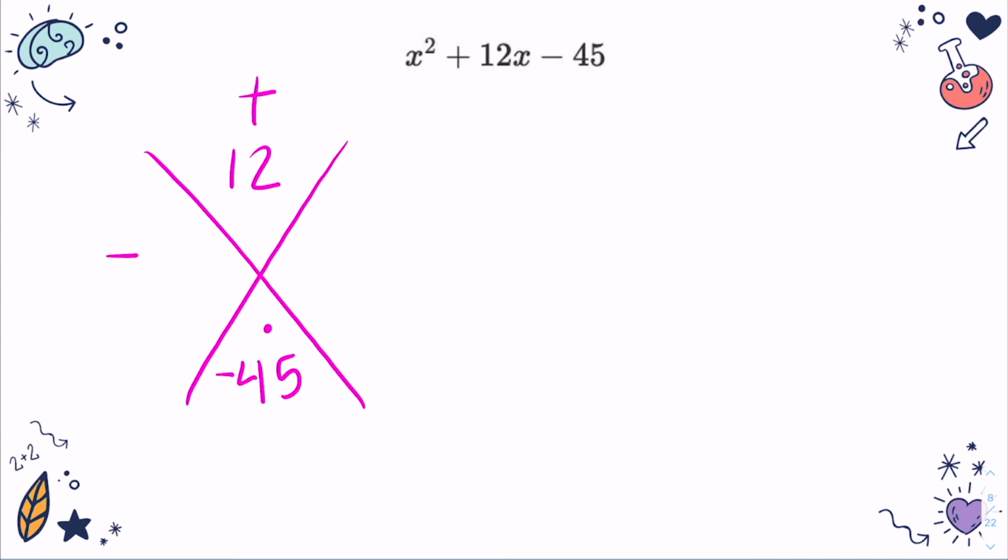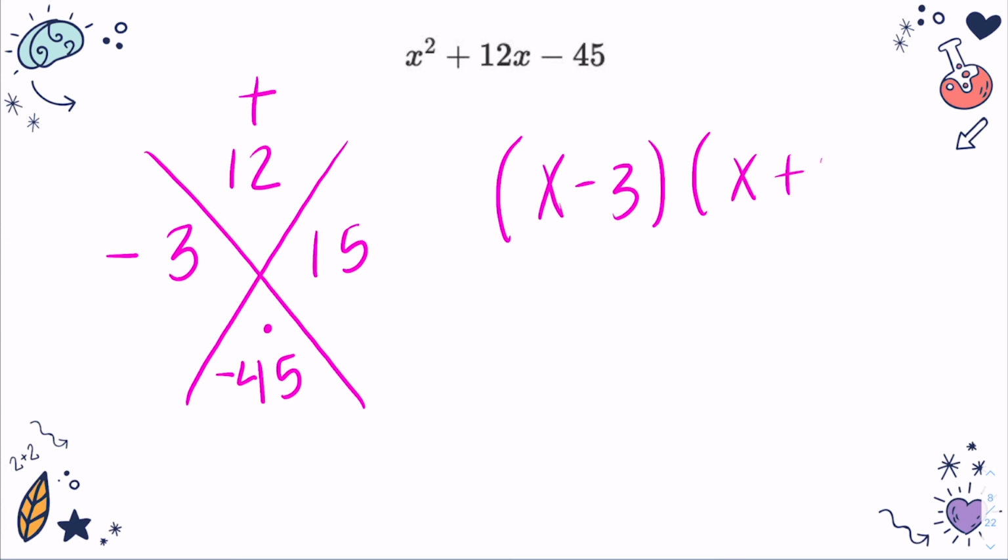So we find that negative 3 and positive 15 add to give us 12 and multiply to give us negative 45, giving us our factors x minus 3 times x plus 15. We could have also written our answer as x plus 15 times x minus 3.